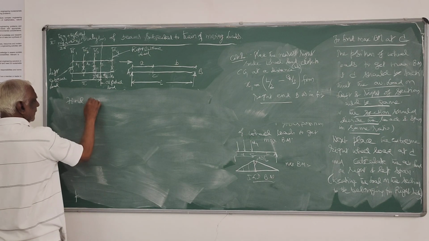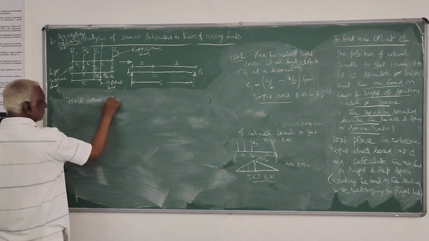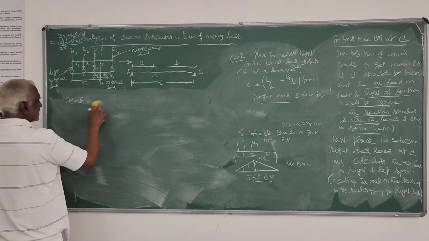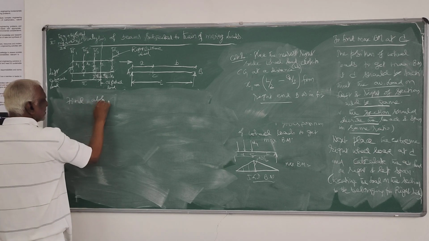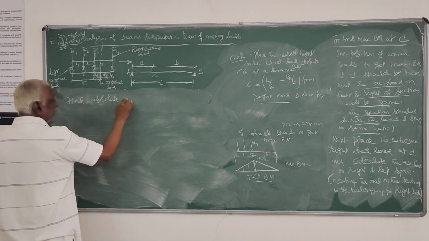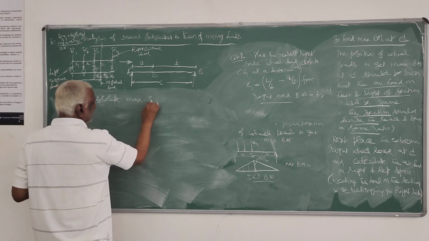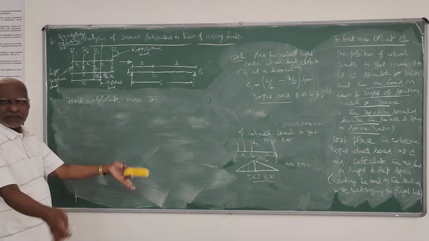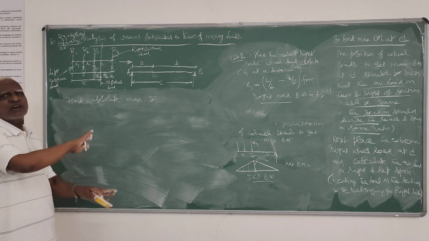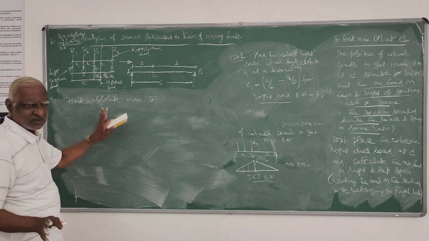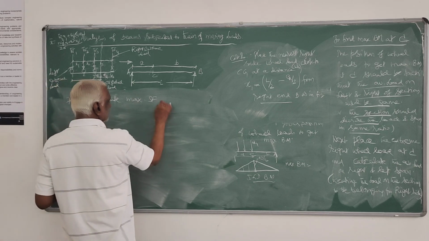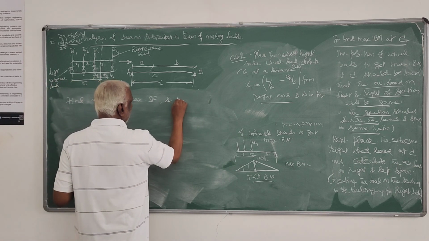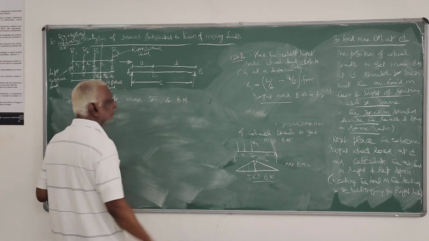Find the maximum shear force, I will say absolute maximum shear force. When I say absolute maximum shear force, you have to find maximum RA and RB. Out of that, you have to take the maximum. So, absolute maximum shear force and bending moment.